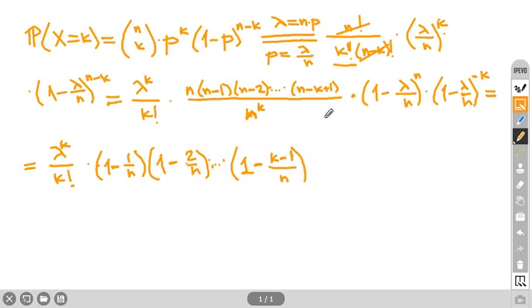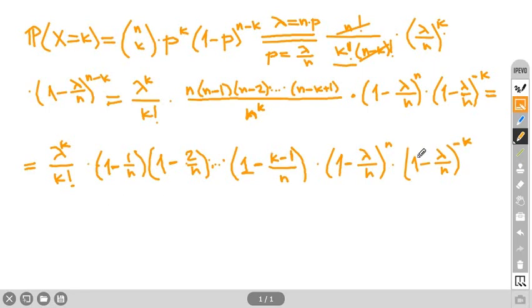This ratio is equal exactly to this product, and times the rest is the same: 1 minus lambda over n to the n, and times 1 minus lambda over n to the minus k.